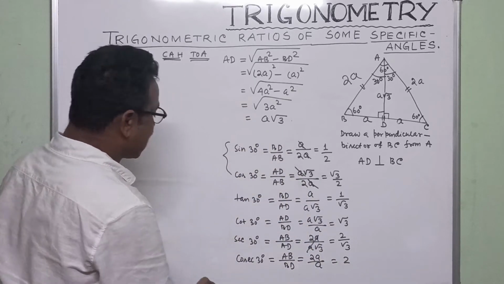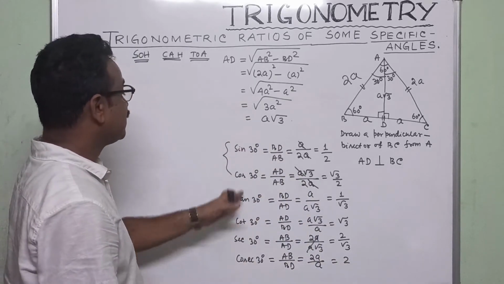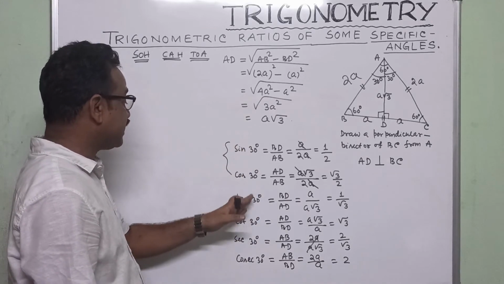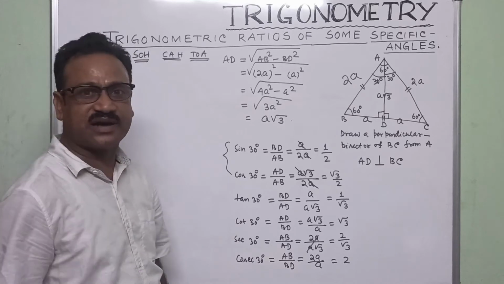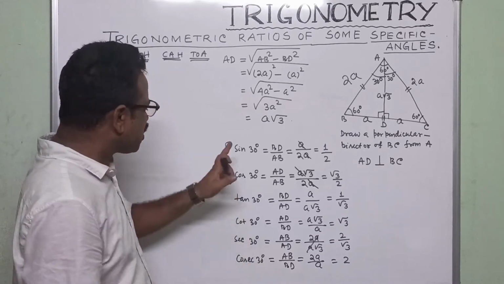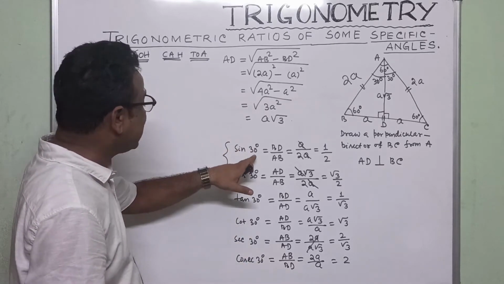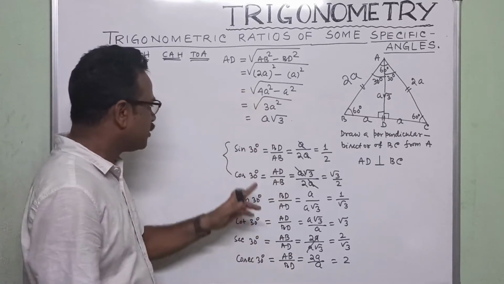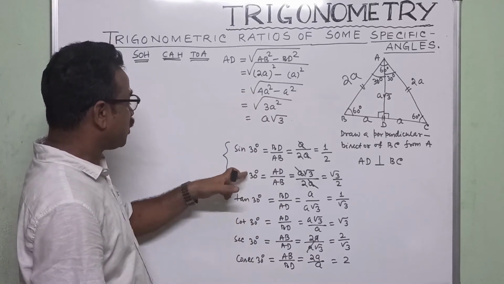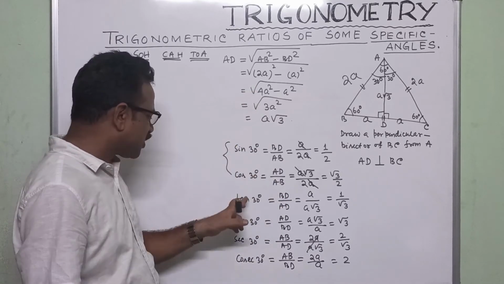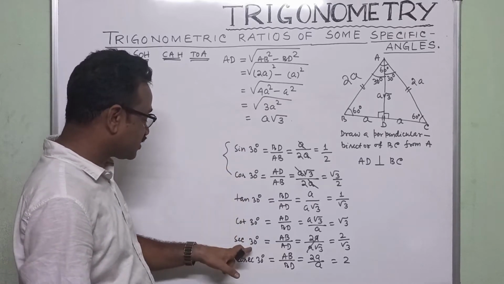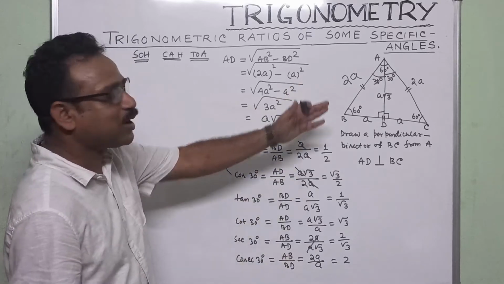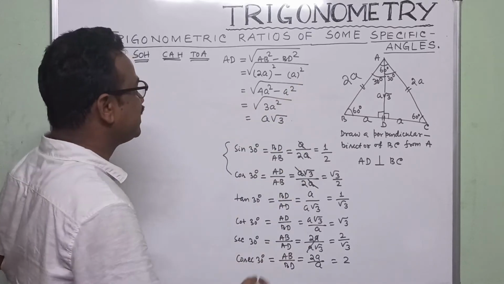So these are the values of sin 30, cos 30, tan 30, cot 30, sec 30, cosec 30. So if you can find out the value of sin and cos, you can find all, because sin by cos is tan, cos by sin is cot, or reciprocal of tan is cot, 1 by sin is cosec, 1 by cos is sec. Now come to 60 degree, finding 60 degree.